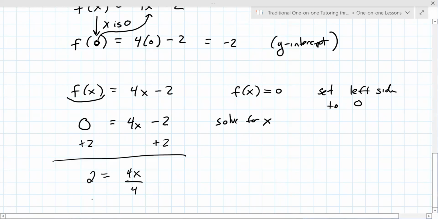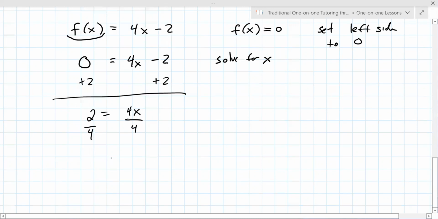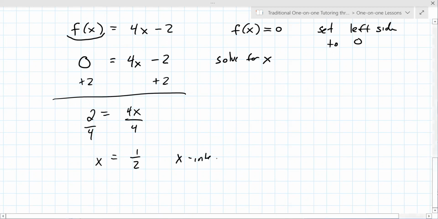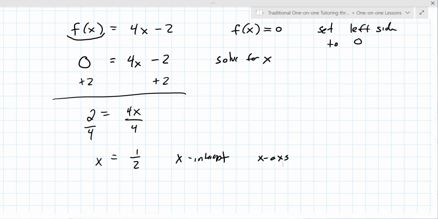Yes. So x equals 1/2. Yeah, 1/2. Now this is the x-intercept. This is where it crosses the x-axis. So you'd plot the points on the graph and stuff.